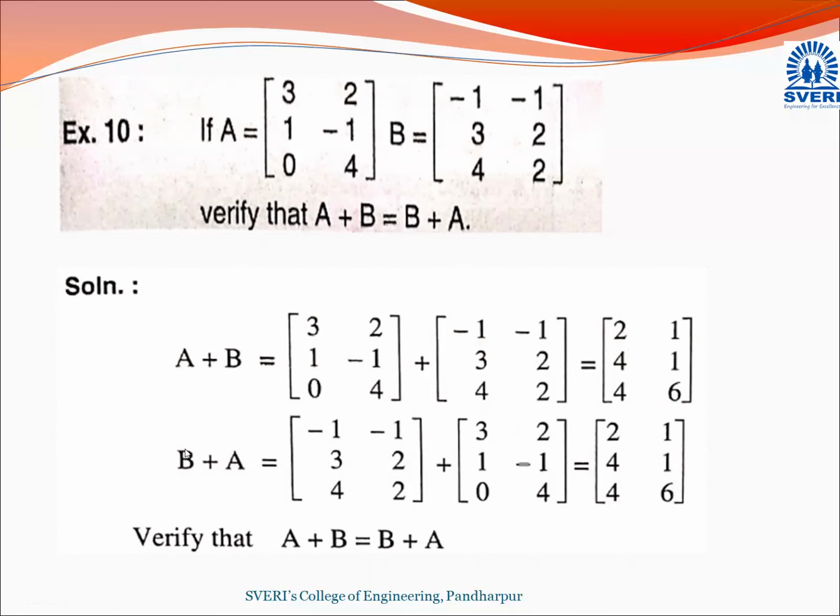In the same way, taking B plus A: minus 1 plus 3, 2, minus 1 plus 2, 1, 3 plus 1, 4, 2 minus 1, 1, 4 plus 0, 4, 2 plus 4, 6. So hence we can say that A plus B is equal to B plus A. There is a necessary condition: they should be of the same order.